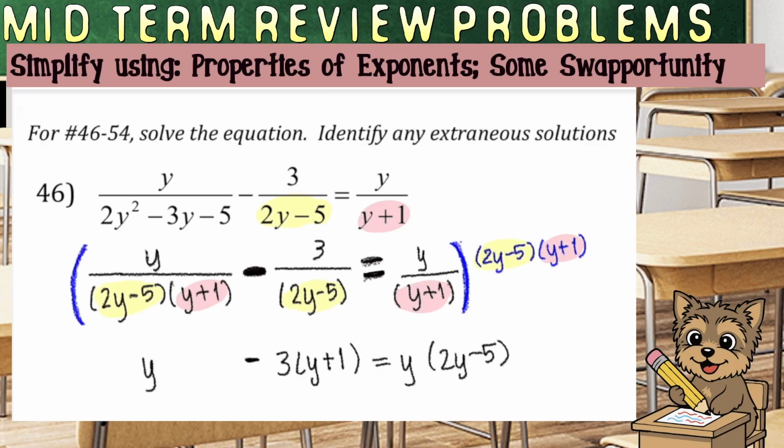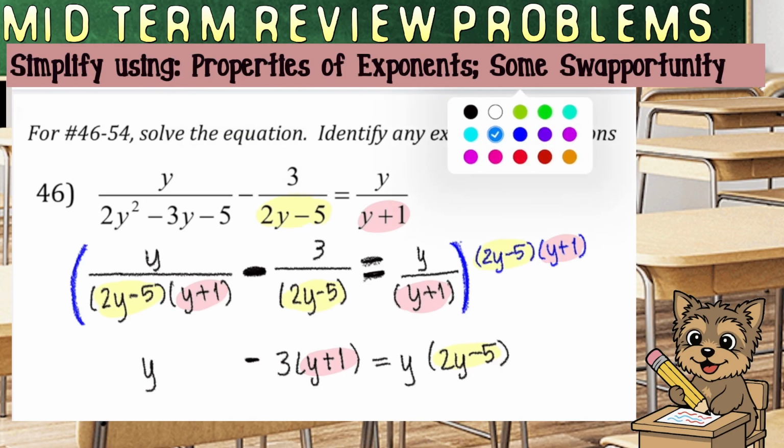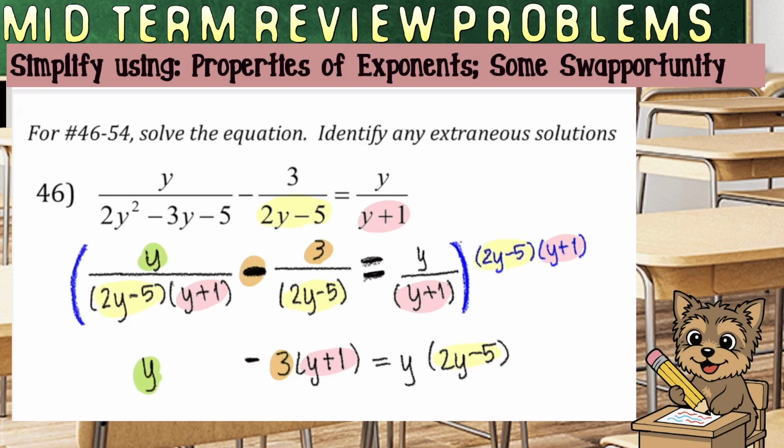So most of it crossed out. One of them came along for the ride right there. This y is right here, and the 3 is right there, with the minus 3, and last, this y right there, equals y.